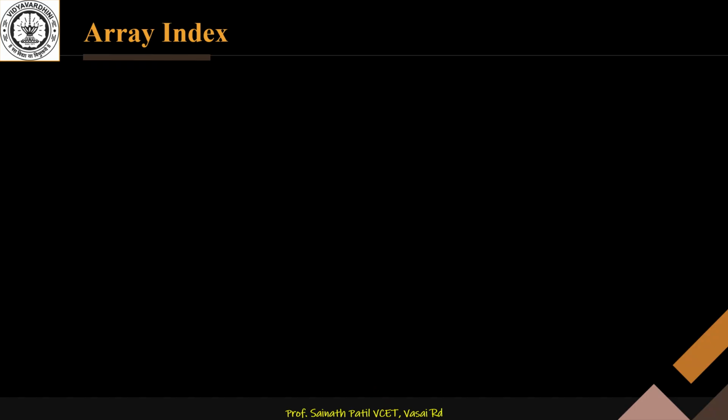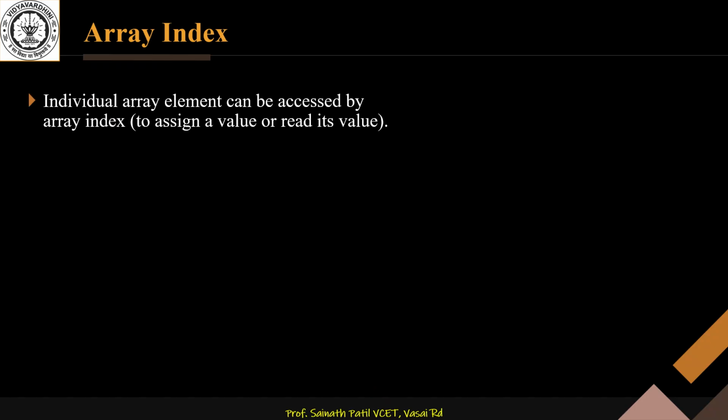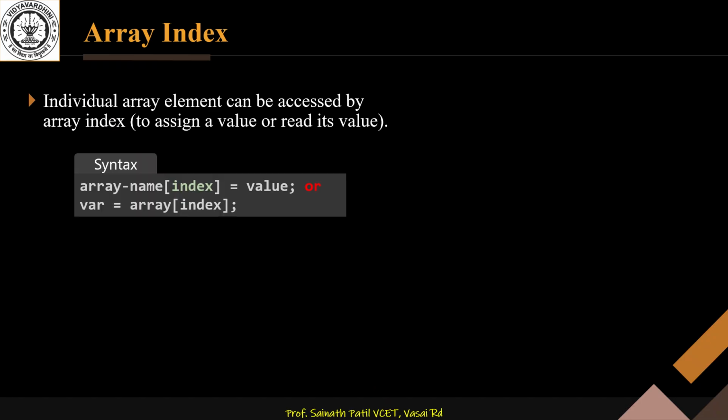The next term in arrays is array index. An individual array element can be accessed by array index. That means to assign a value to an array element or read its value in the array. The syntax is array name, in square brackets the index is given, equal to value, that is to assign a value.